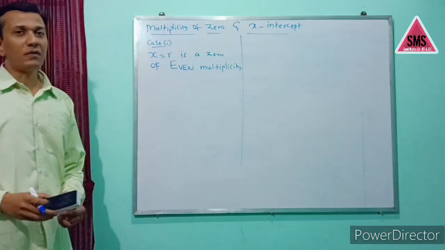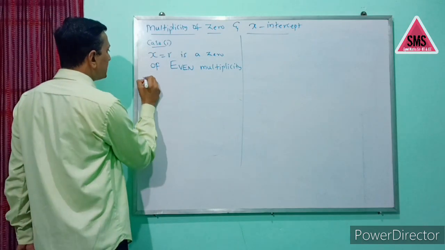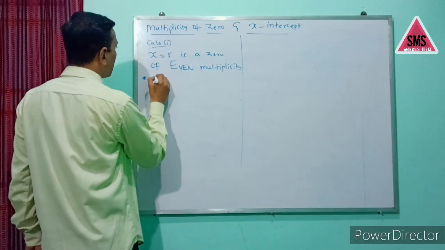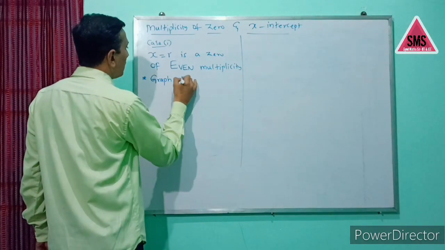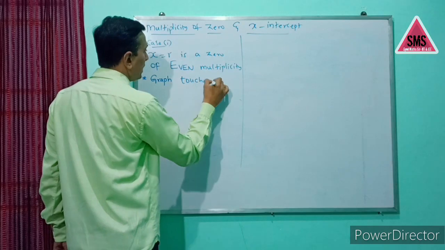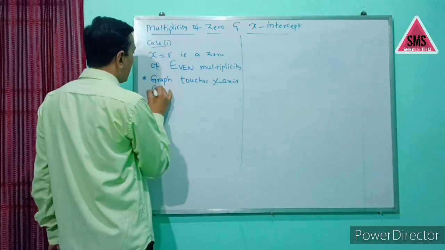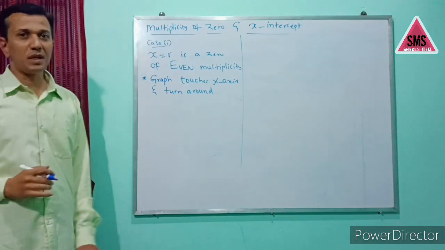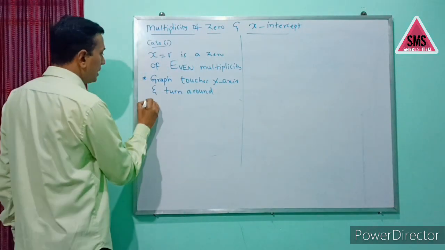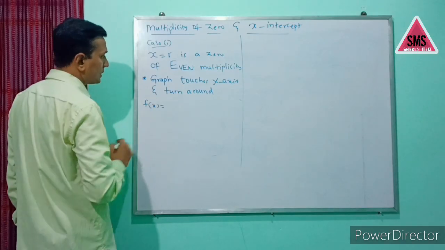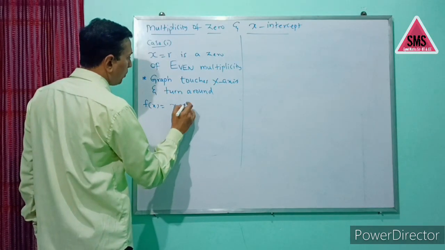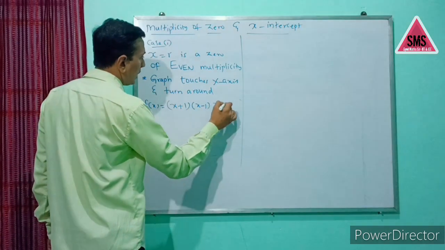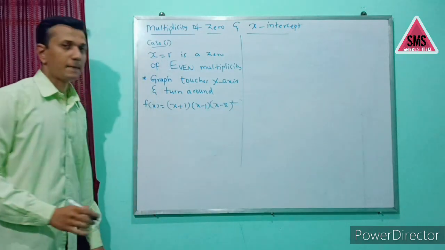Let us see what will happen to the graph. The graph touches the x-axis and turns around. What is meant by that? How can it be seen on the graph? Let us take one example. f of x is equal to (x plus 1)(x minus 1)(x minus 2) whole square.